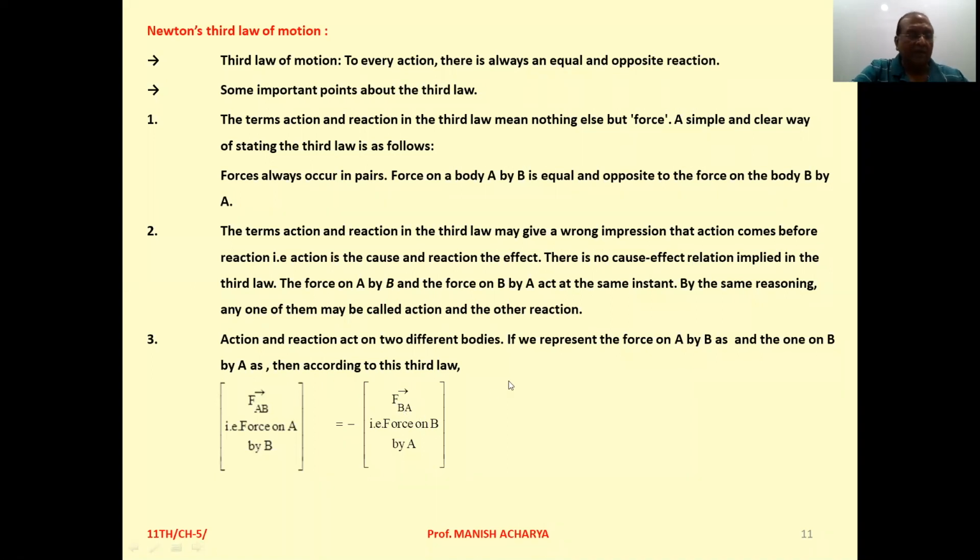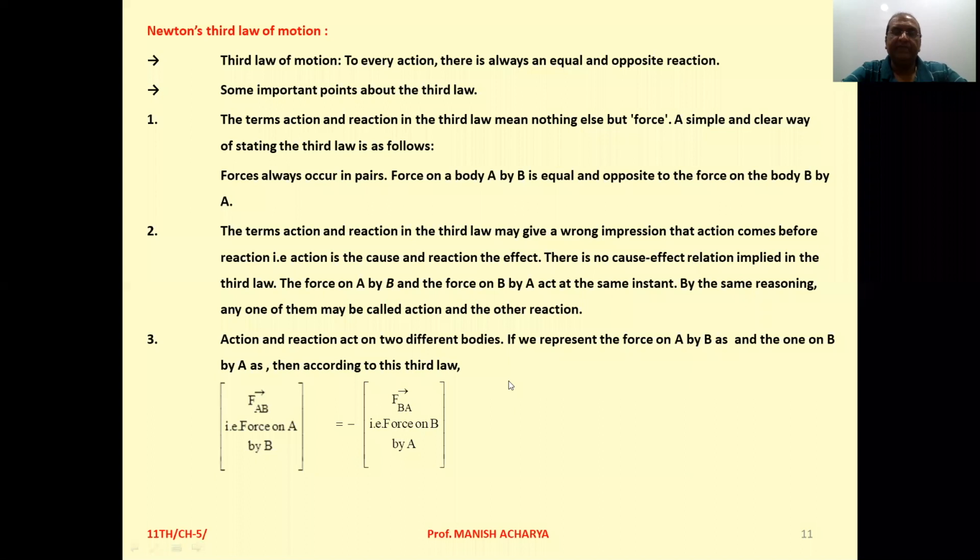Now here, no doubt the forces are in pairs. Here we take two forces, one is action, another one is reaction, both act simultaneously.